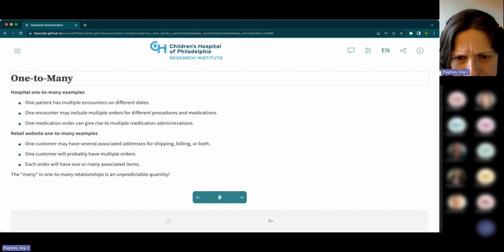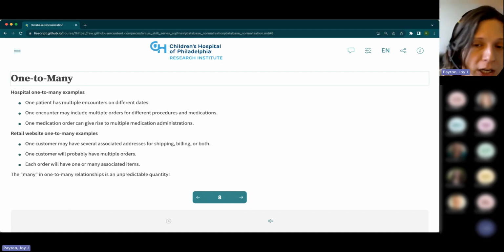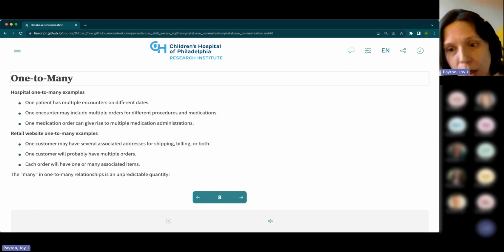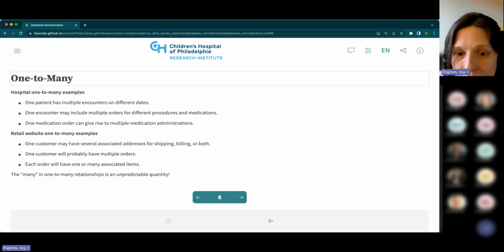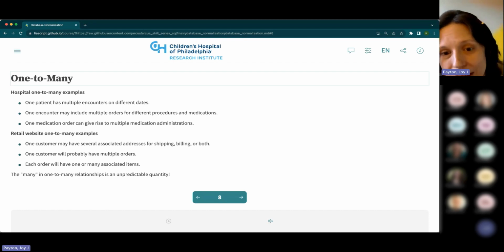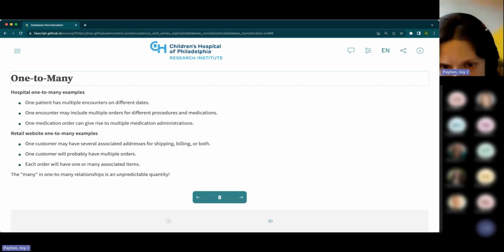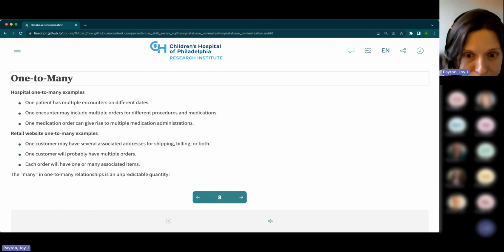Or if you're thinking about a retail website, 1 customer might have multiple addresses for billing or shipping or both. 1 customer probably has multiple orders. Each order has 1 or more items in that order. So there are lots of one-to-many data relationships in which 1 X is related to more than 1 Y. And these can be hard to accommodate in a single table with all of the data included.